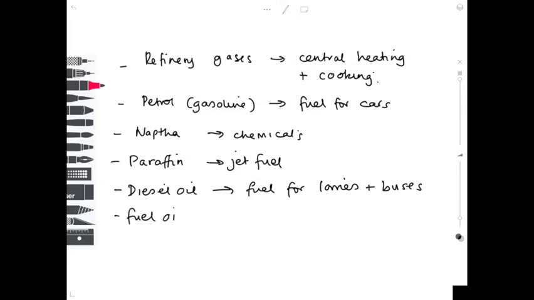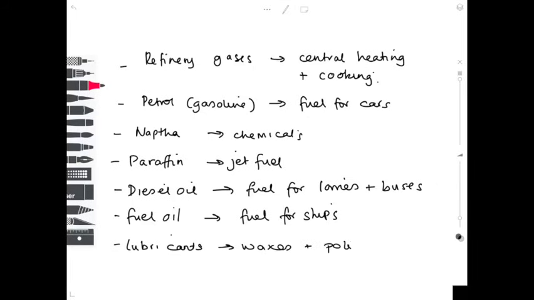Getting longer again with our carbon chain, we have fuel oil, which is fuel for ships. And we also produce lubricants, which are slippery and therefore used in waxes and polishes. And then the last fraction is bitumen. It's black and sticky and we can use it in road surfacing.